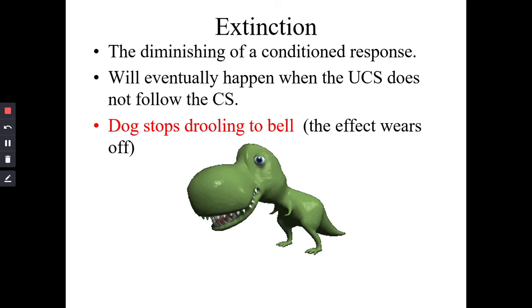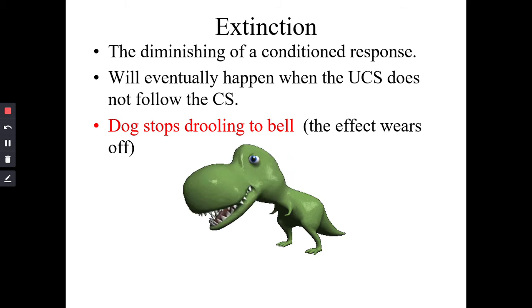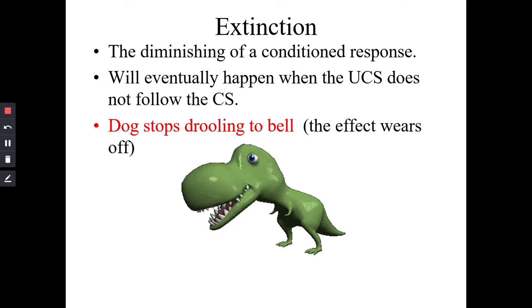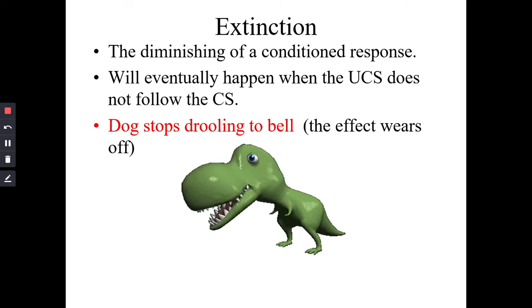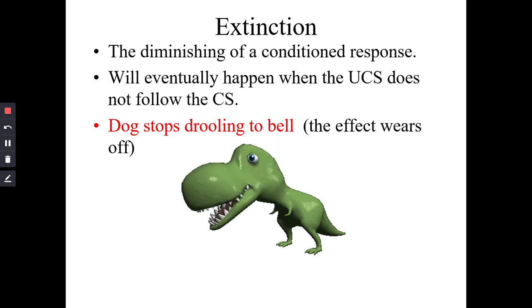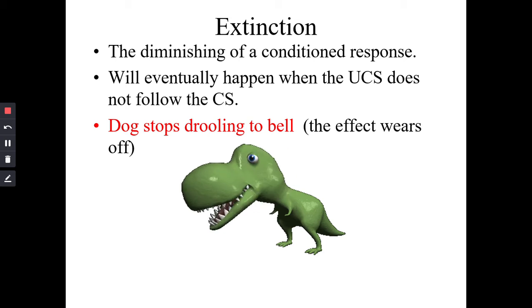We call that extinction. If you train a dog to drool to a bell, and you keep ringing that bell, eventually the dog will stop drooling to the bell, unless you time it right and you keep it going. But eventually the dog will stop.